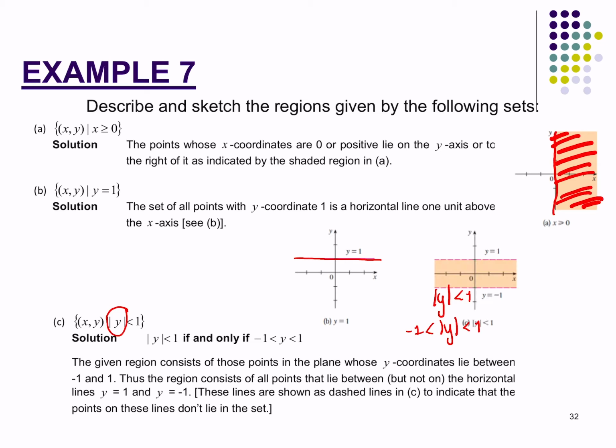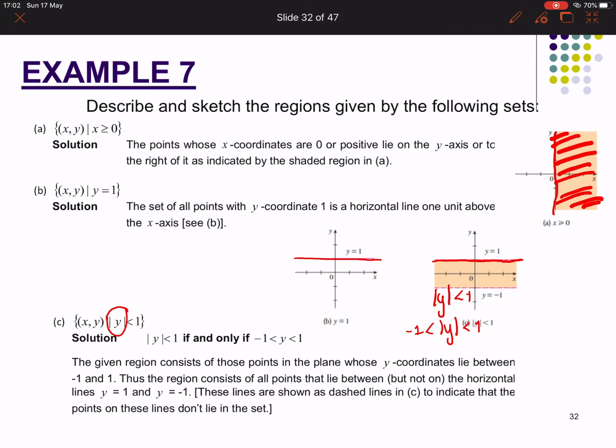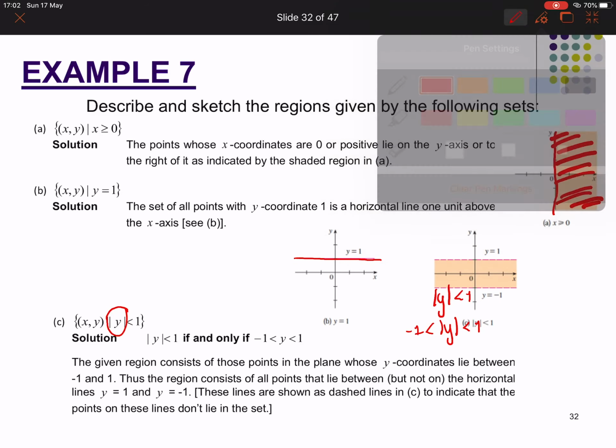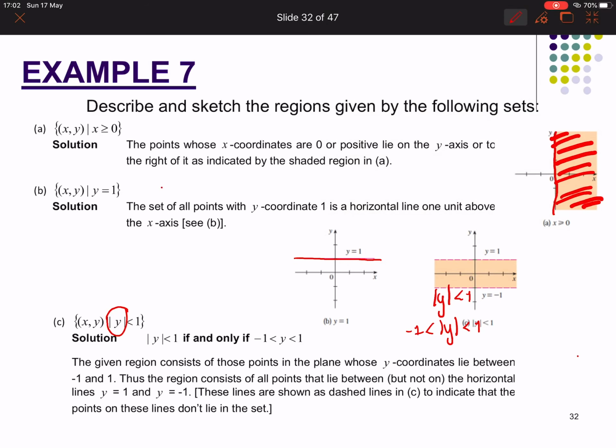Then we can plot out the region that we are looking for. In this case, we want the region of y less than 1, which means that we start with the horizontal line at exactly y equal to 1. But notice that in this case, we do not draw the solid straight line. We draw it as a dotted line, which means that we include the values of y less than 1, but not exactly equal to 1.